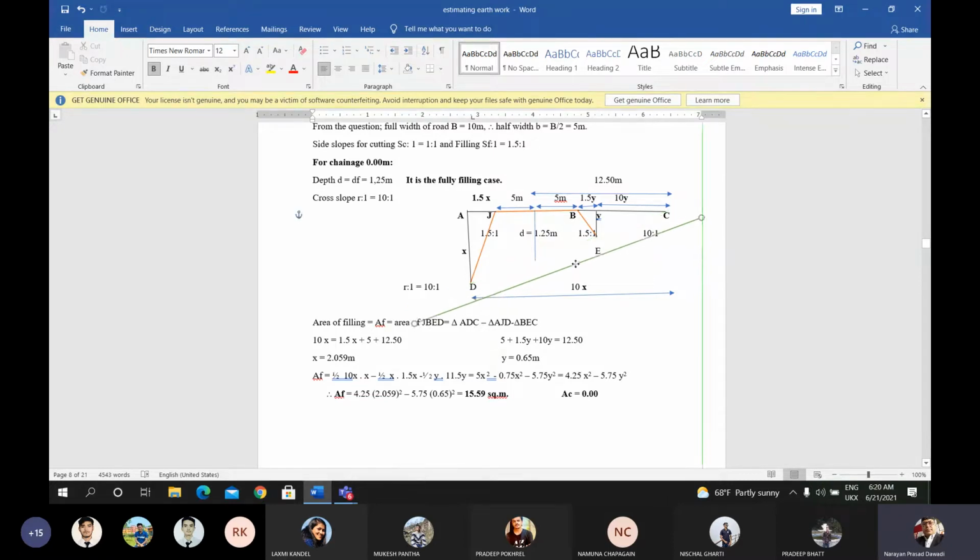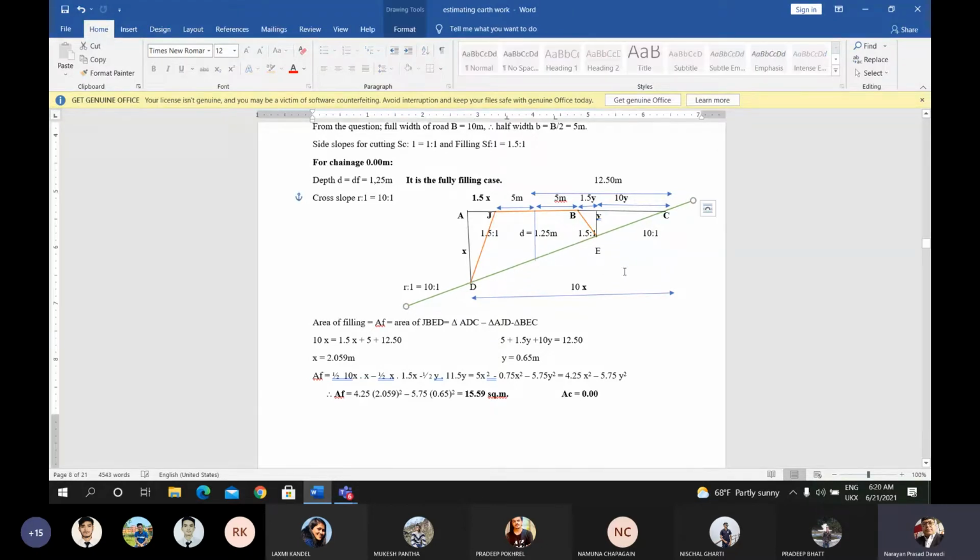This is the inclination of the surface, which is 10:1. Cross slope is provided, but in a plain road there is no cross slope. Okay, for this, after drawing the full section, prolong this JB line to point C, which touches the cross slope at point C. Again prolong this JB line up to point A. From A draw the perpendicular up to point D. Okay, and you get the big triangle ACD and the small triangles ADJ and BEC.